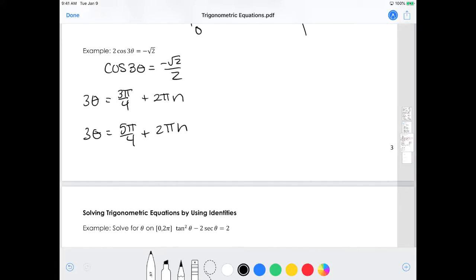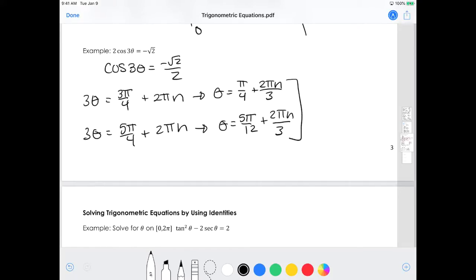Okay, now I'm going to divide everything by 3, and I'm going to get that theta is equal to pi over 4 plus 2 pi n over 3, because I have to divide everything by 3, and then 5 pi over 12 plus 2 pi n over 3.